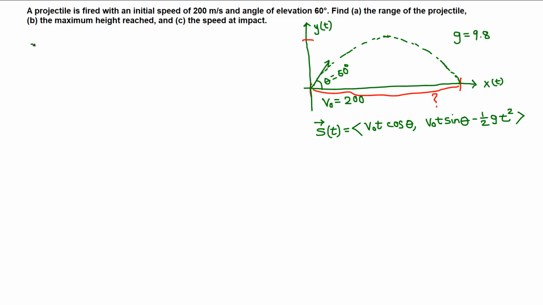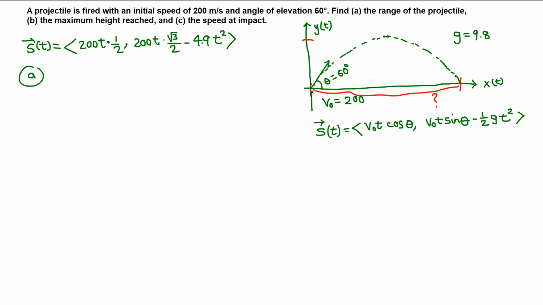The position s(t) is, because we have initial speed 200 and angle theta 60, 200 t cosine 60 degrees, which is 1/2, comma, second component is 200 t times sine theta, theta is 60, sine theta is √3/2, minus 1/2 g, g is 9.8, so half of 9.8 is 4.9 t squared.